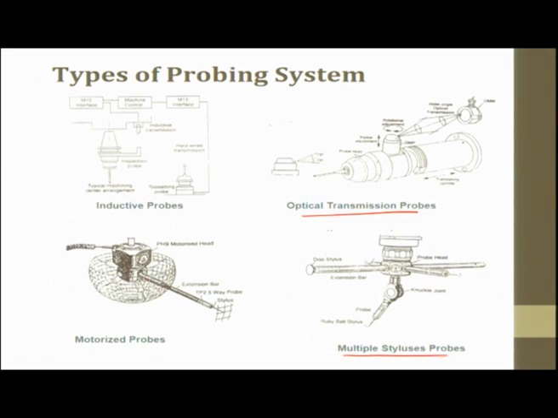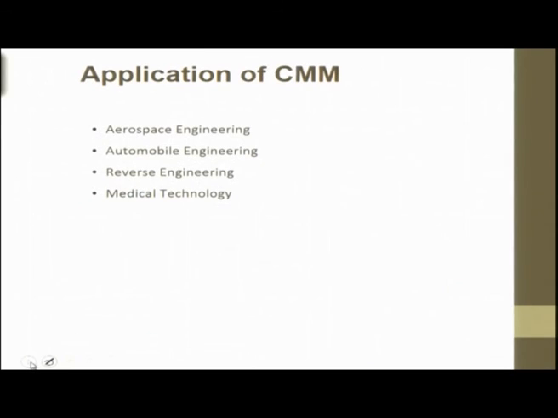Multiple styluses probes are also there. In the first 3 probes we had only one stylus. In the fourth one, multiple styluses probe, the system can be motorized, the system can be inductive, but we have multiple styluses, one stylus like a Ruby stylus, then different styluses. This is the probing system.